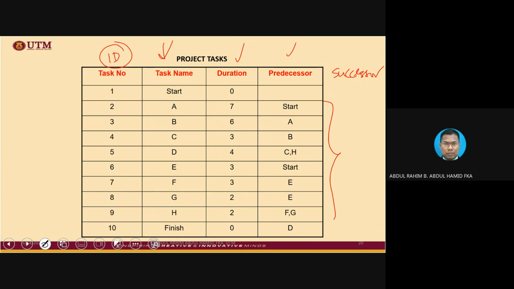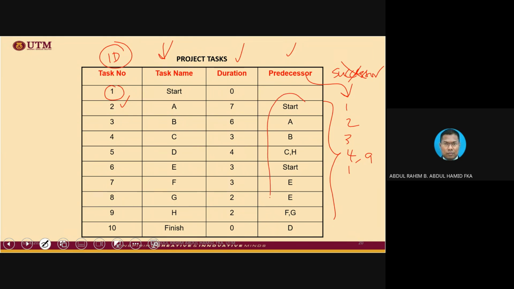Start is basically ID number 1, so 1. A is ID number 2, so 2. B is ID number 3, 3. C and H, C is 4, H is 9. And then start again is 1. This is how predecessor in the computer program looks like.